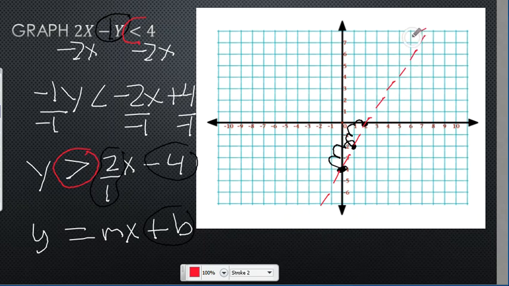You can see that this line divides our coordinate plane up into two halves, right? We've got this side over here, which is below the line, and this side over here, which is above the line. After we've graphed our line, our next step is to shade our solution area.